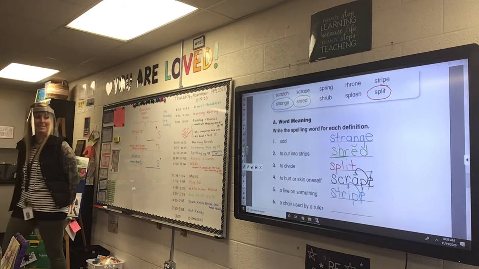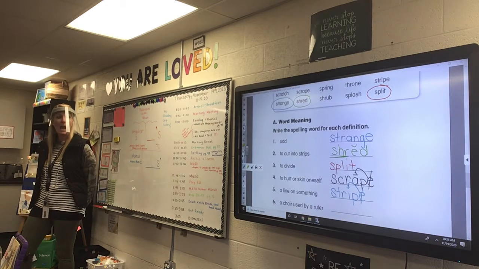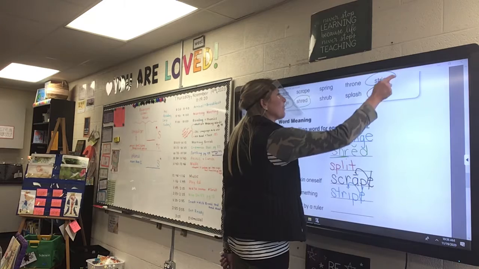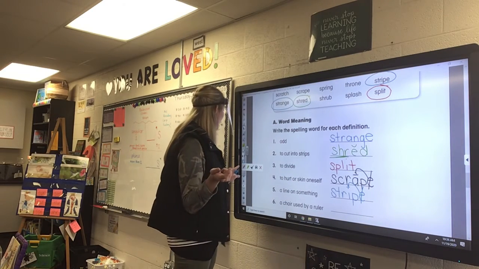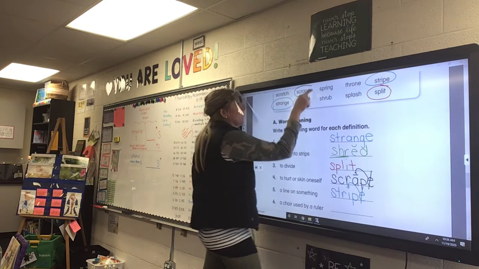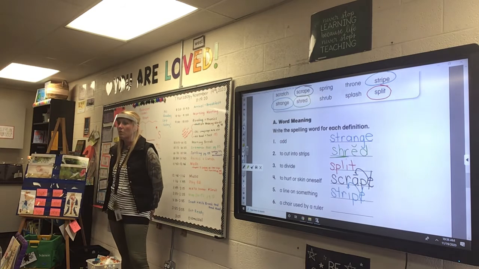Number 6, a chair used by a ruler. Now, I don't want the ruler that you have in your desk, because some of you might think that kind of ruler. What kind of ruler am I talking about? Rain, what do you think?